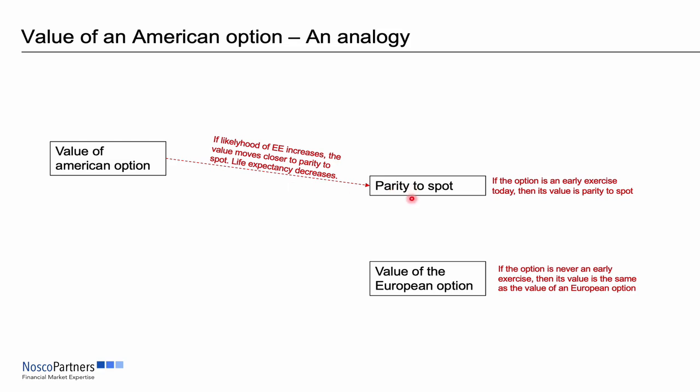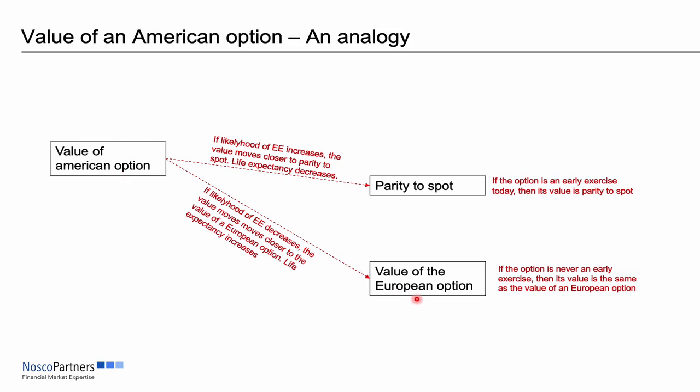That's what we had in the very first case when the dividend changed from $2 to $4. But then, if the likelihood of early exercising decreases, then the value of the American option moves closer to the value of the European option, right?